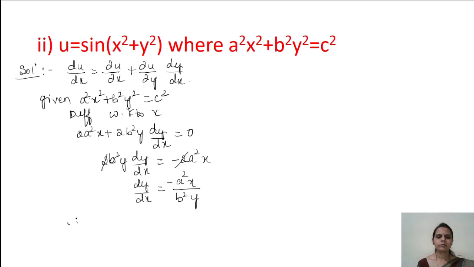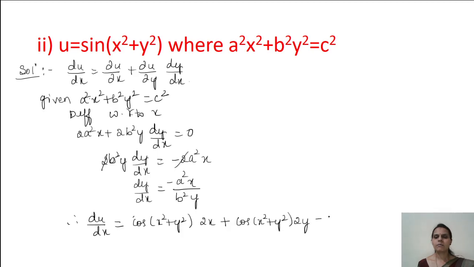So now du by dx becomes dou u by dou x. Dou u by dou x is the partial derivative of u with respect to x. So differentiation of sin is cos of x square plus y square into 2x, plus dou u by dou y is cos of x square plus y square into 2y into dy by dx, which is minus a square x divided by b square y.